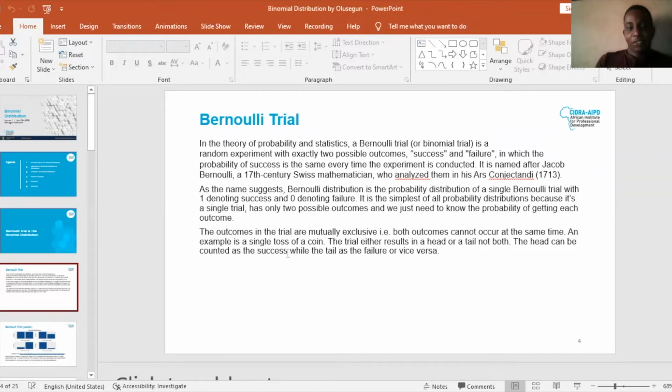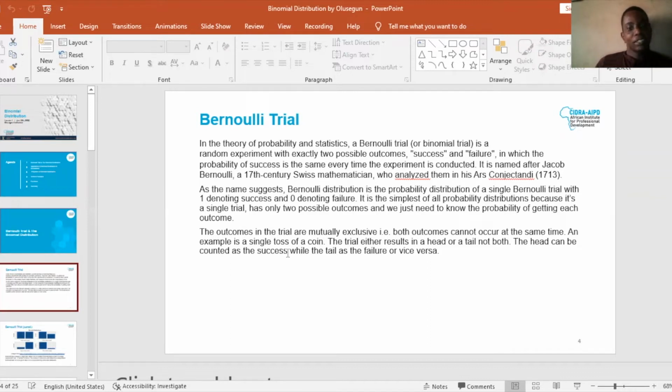It is named after Jacob Bernoulli, a 17th century Swiss mathematician who analyzed them in his Ars Conjectandi in 1713. Ars Conjectandi is a mathematical published work by Jacob Bernoulli, a Swiss mathematician.